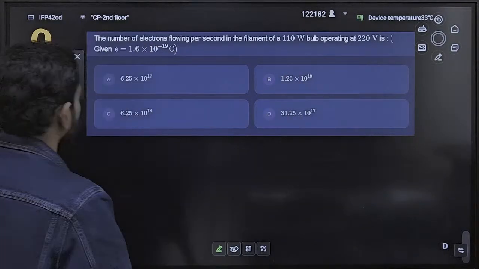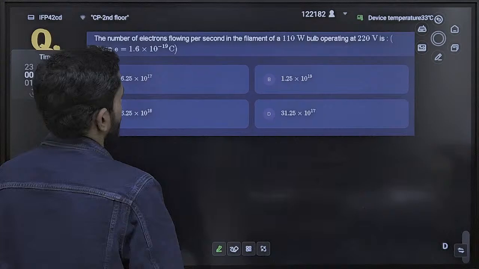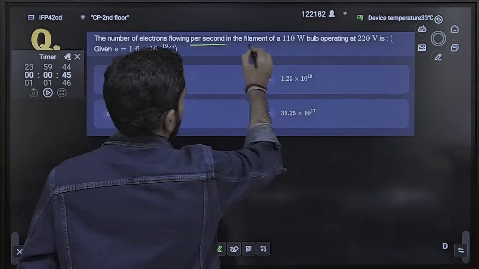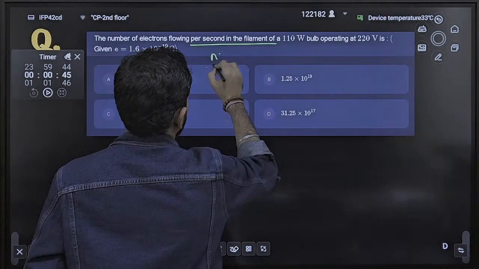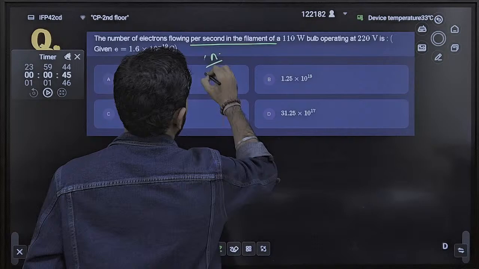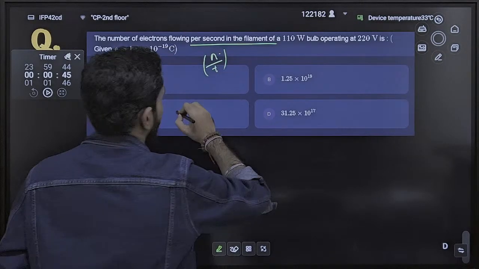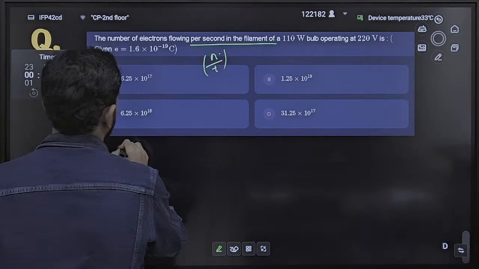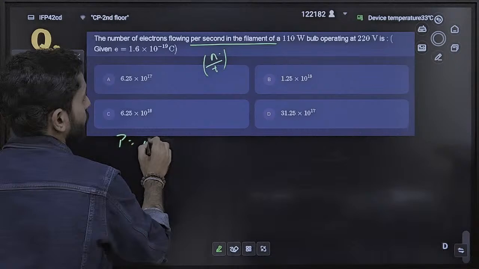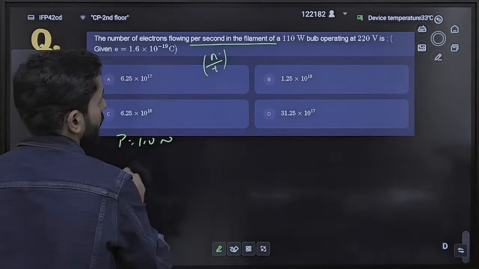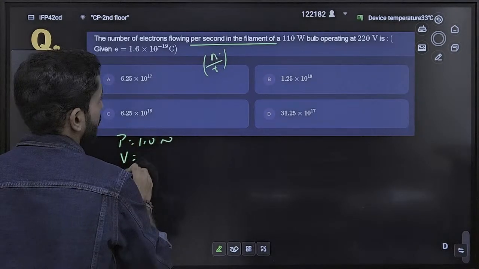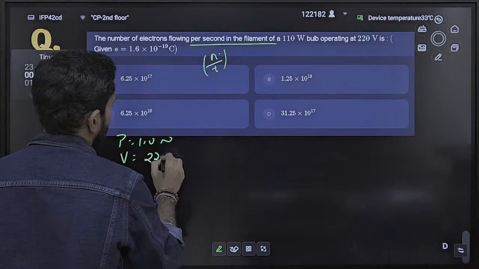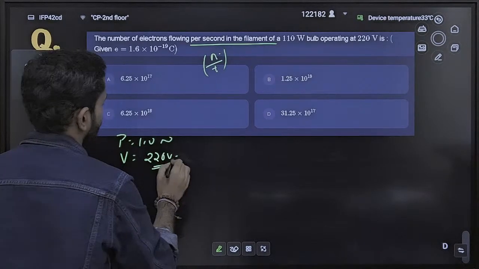See what you can do. The number of electrons flowing per second in the filament, that is n by t they are asking, and power is given equal to 110 watt. The battery potential difference that is applied is 220 volt.